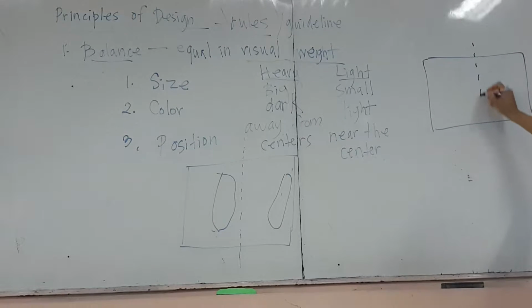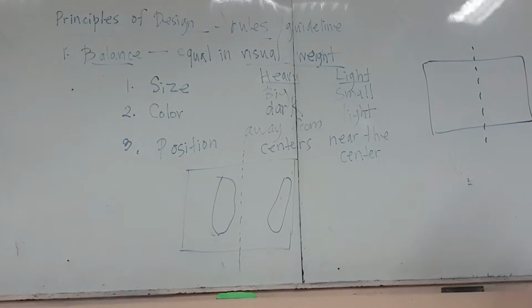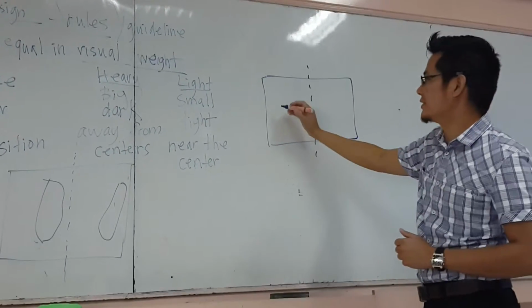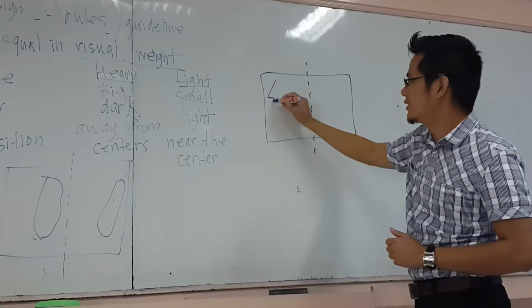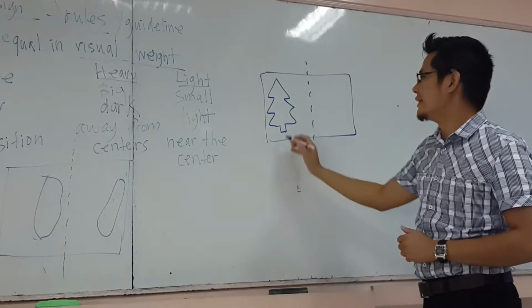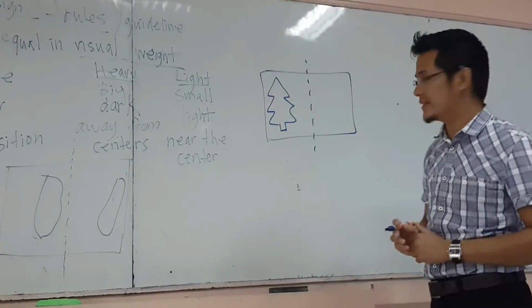I will draw a picture on the left and try to balance it with another picture on the right. So let's say there is a tree, a big tree, that is light in color and away from the center.